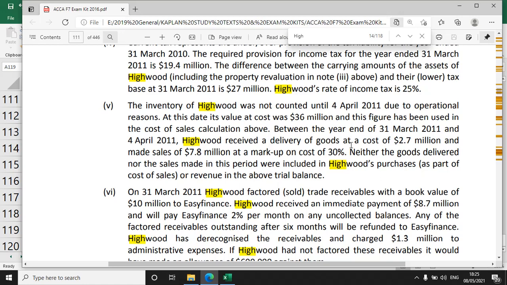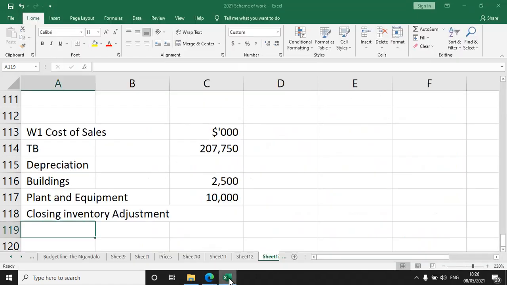We're doing a review here. Less what was sold, and then we're going to add what was brought in, so that we can restate the figure of inventory, because it is not actually true that that's the number.